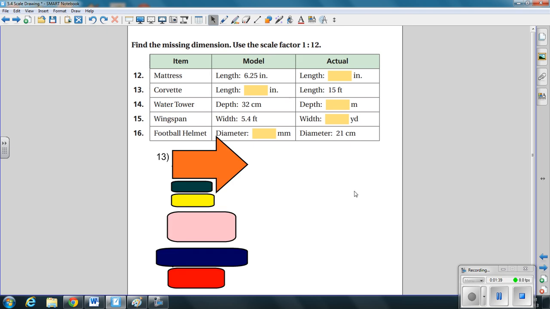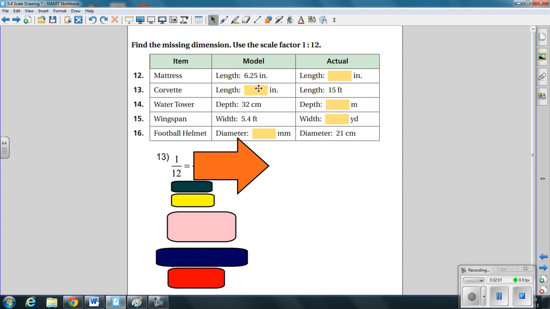Okay, for number 13, we're taking a look at a Corvette. We know its actual length is 15 feet, but we want to find how big to make the model. So we start with the scale factor, 1 to 12, and we set that equal to the information we know in number 13.